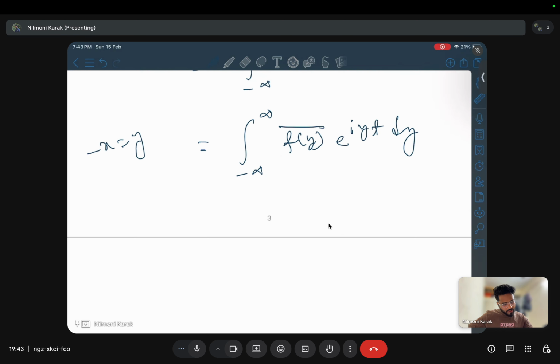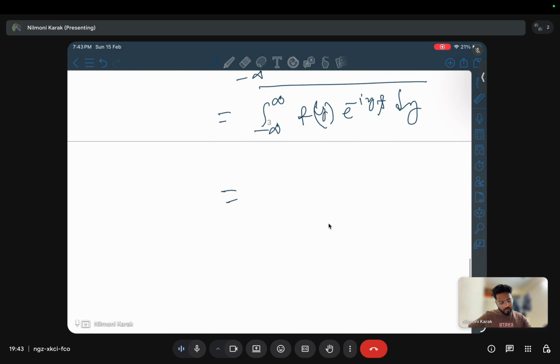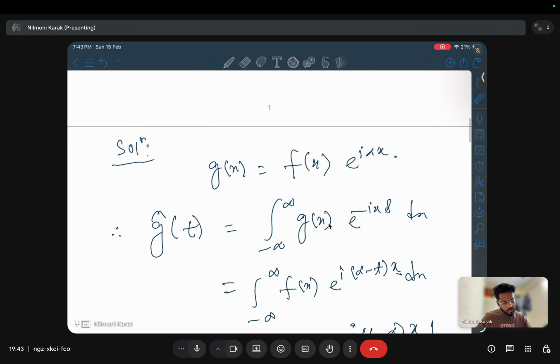We write this as the conjugate of the integral of f(y) e to the power minus i y t dy, and this is the conjugate of f hat of t. This is also done.